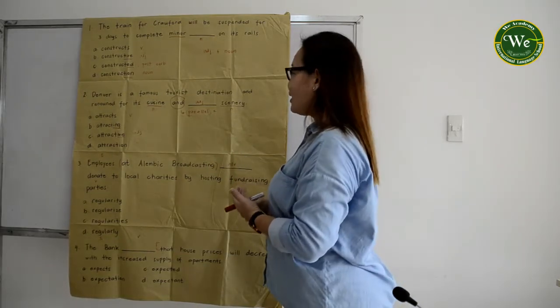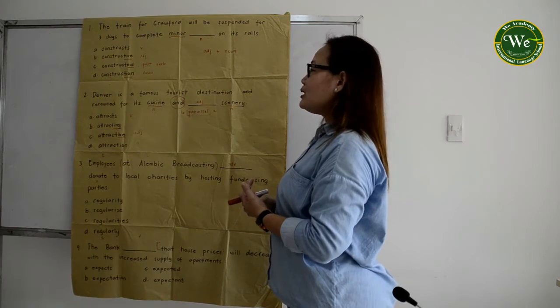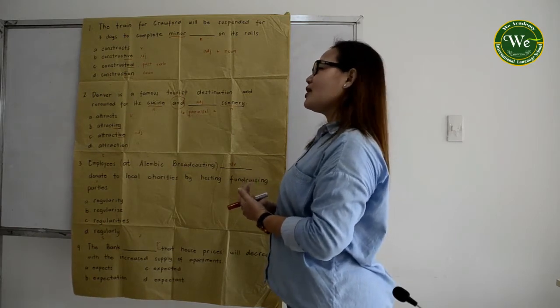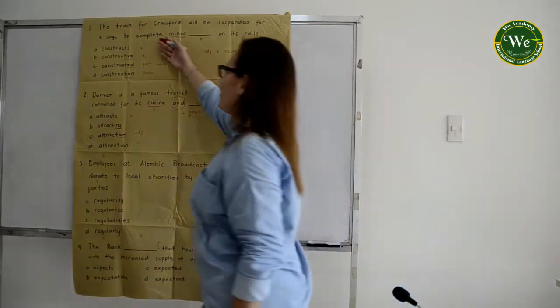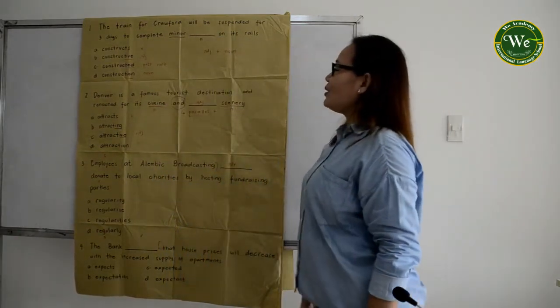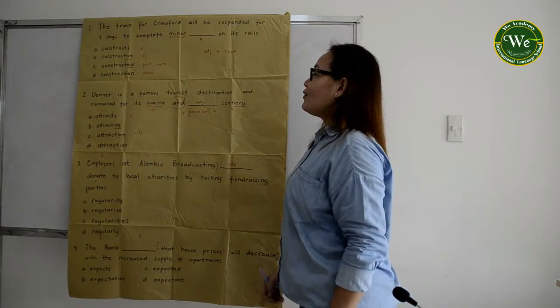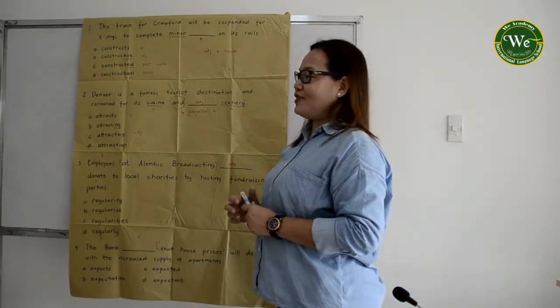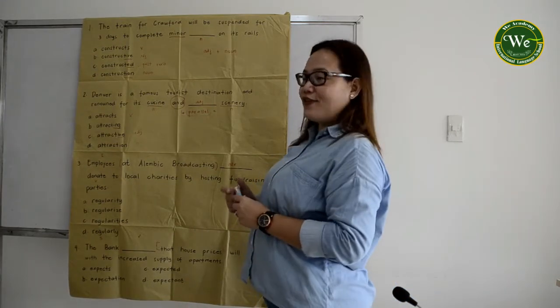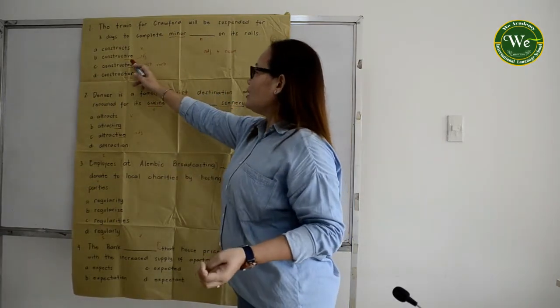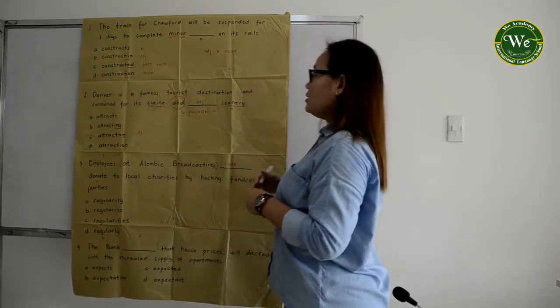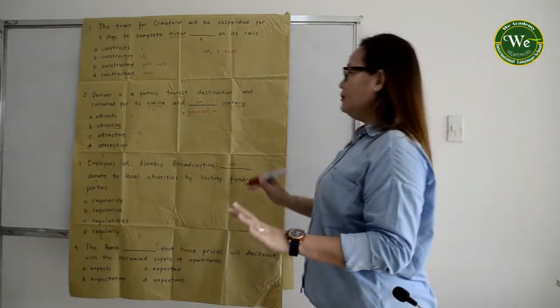Is it A, constructs, B, constructive, C, constructed, or D, construction? Constructs, of course, is a present verb. Constructive, you have already from your list, so the tive is used to form an adjective.